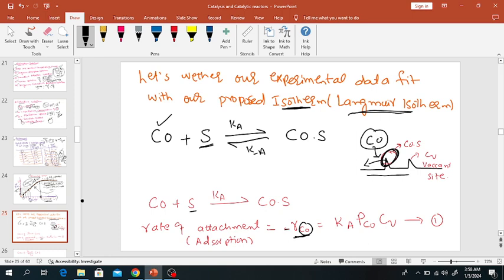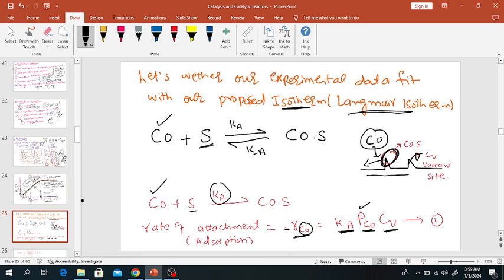It is equal to the adsorption rate constant multiplied by the partial pressure of carbon monoxide in the gaseous phase and the concentration of vacant sites.